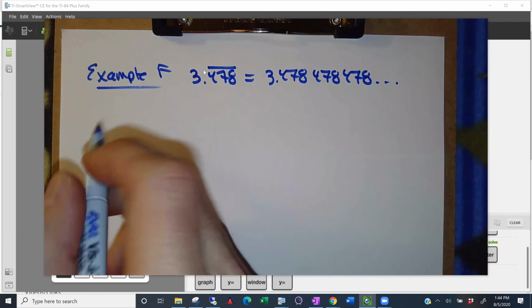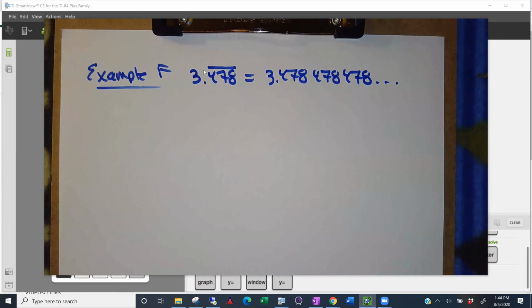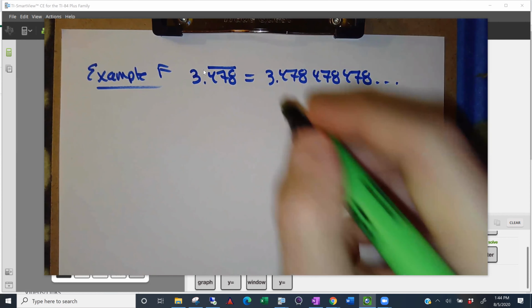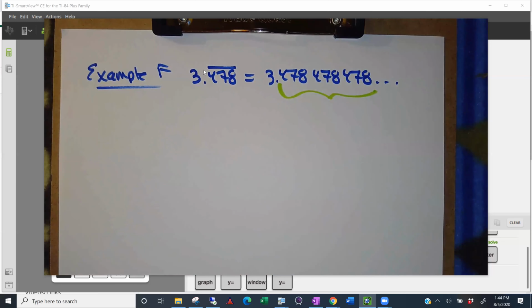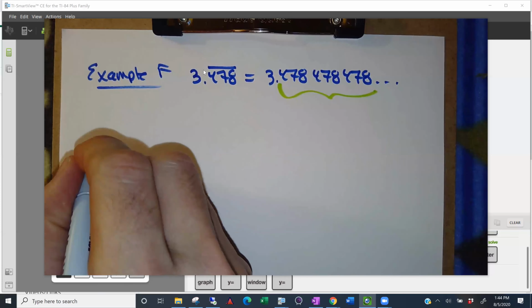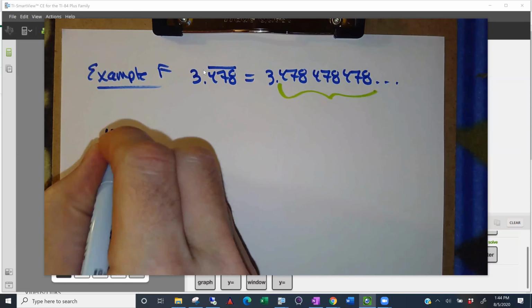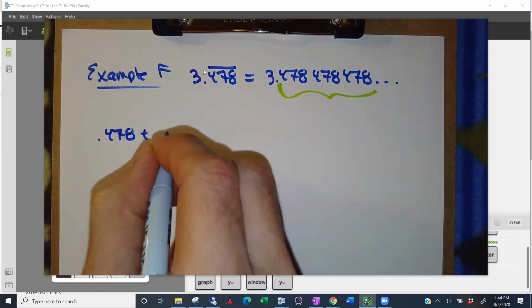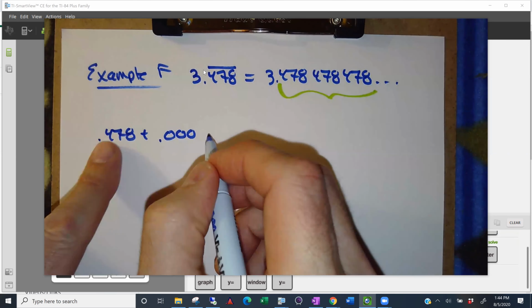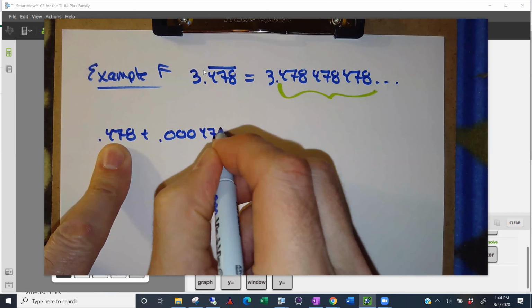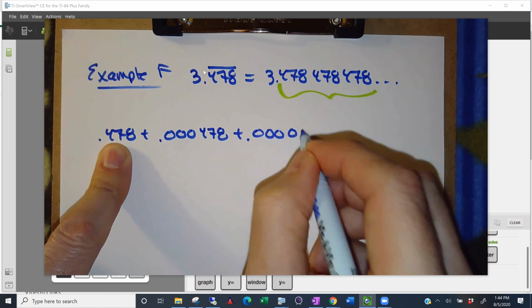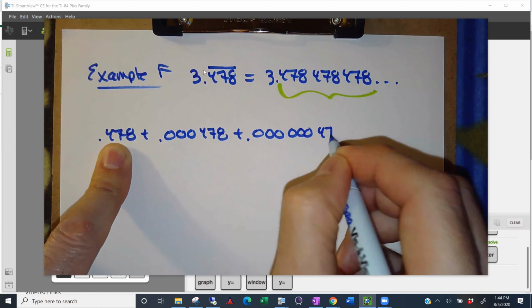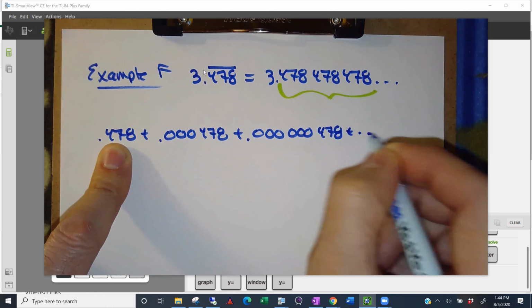That repeating part is the part that we can use as a geometric series. To see that, let me write it as 0.478 plus 0.000478 plus 0.000000478, and so on.